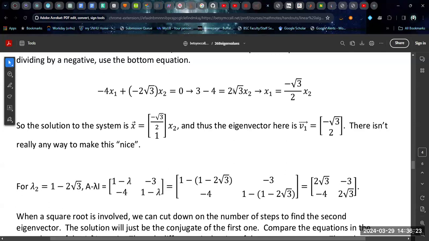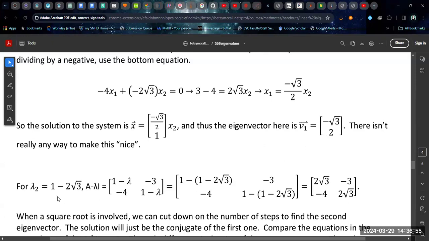I'm going to move my 2 square root of 3 x2 to the other side of the equation, and I'm going to end up with x1 equals negative square root of 3 over 2 x2. Now, I can't get an integer out of this, but I can rescale it so that at least I don't have fractions. So I'll let x2 be equal to 2, and I will get this expression. There isn't any way to really make this look nicer than this.